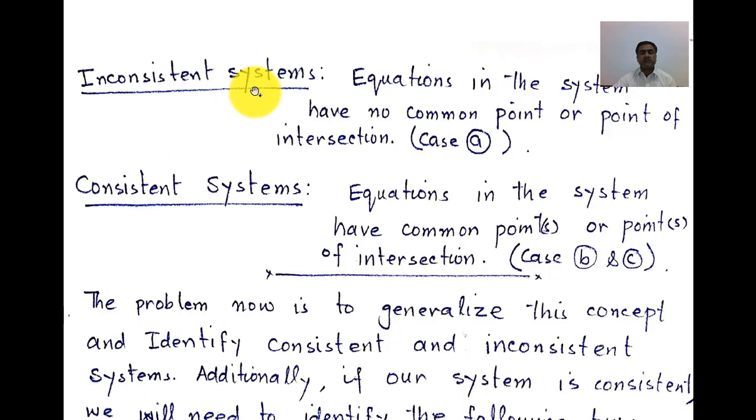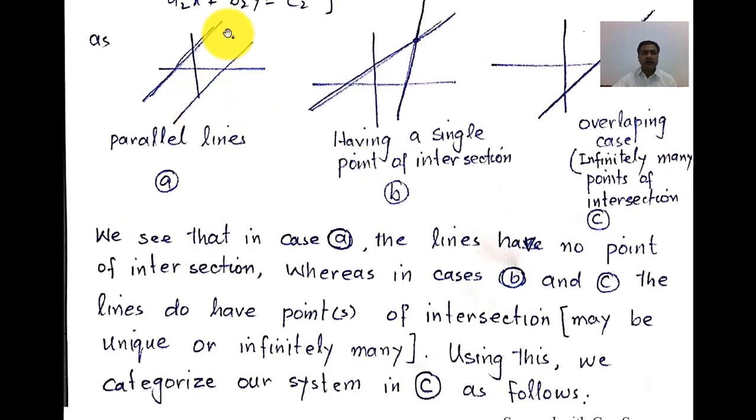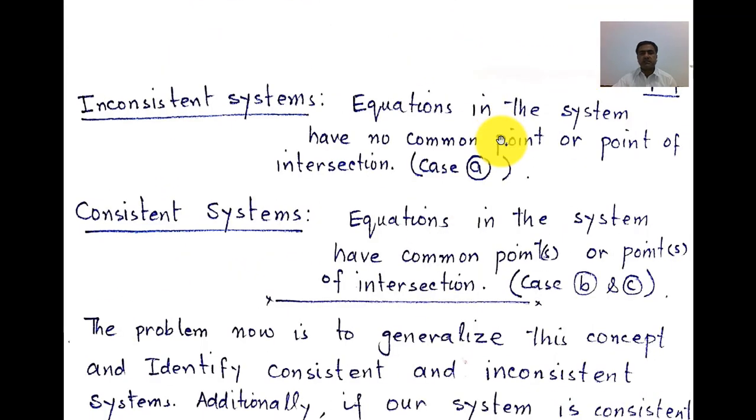Number one, inconsistent systems, where the equations in the system have no common points or points of intersection. Here I have a system where the lines have no point of intersection, and the system represented by these two lines or equations will be termed an inconsistent system, whereas the system given by these two cases will be termed a consistent system.